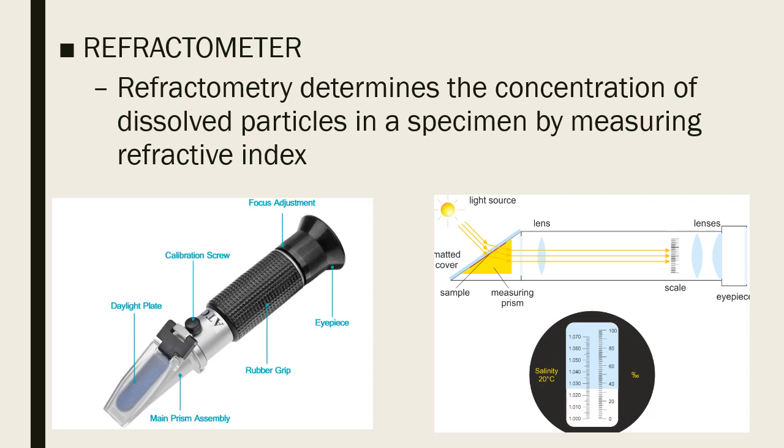The calibration of your refractometer should be done daily if you are using such in the laboratory, and should be at 1.000. With that, it is graduated at 1.005, 1.010, 1.015, and the rest. Okay, and so you have there.